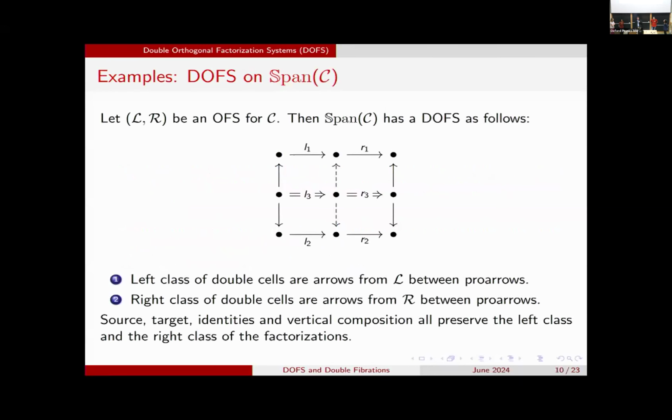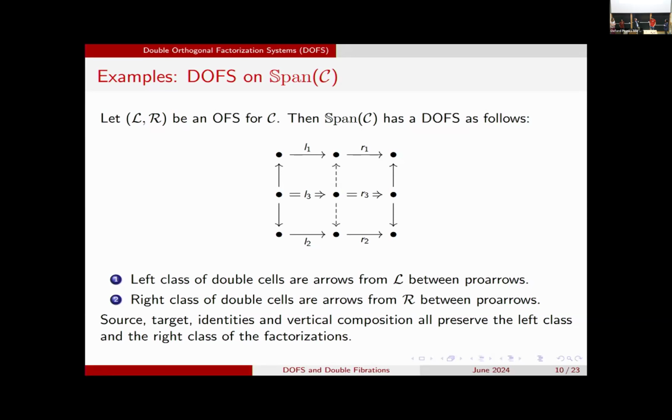So to start out, let's consider a category C equipped with an orthogonal factorization system and look at the double category of spans over C. In this case, we have a double factorization system where the left class of double cells is formed from the left class of arrows in C, going between pro-arrows, which are spans in this case, and the right class is just the right class of double cells from the factorization system on C, going between spans again.